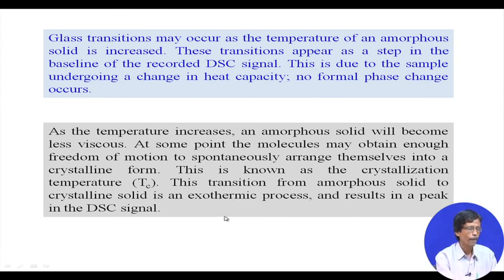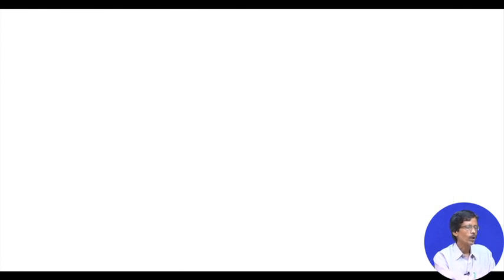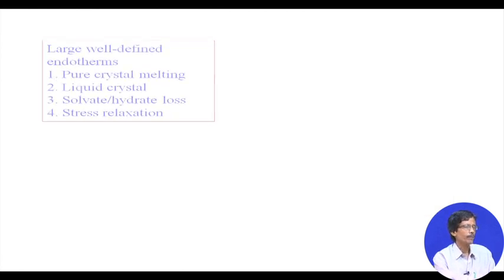The amount of heat evolved for this exothermic process results in the corresponding peak in the DSC signal, and we can monitor that DSC signal. It is useful for our measurement, not only for knowing the temperature Tc, the crystallization temperature we require for crystallization, but also the amount of heat required for that particular transition.